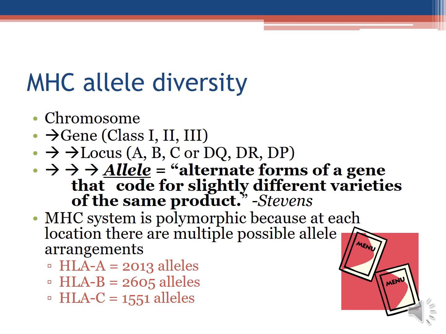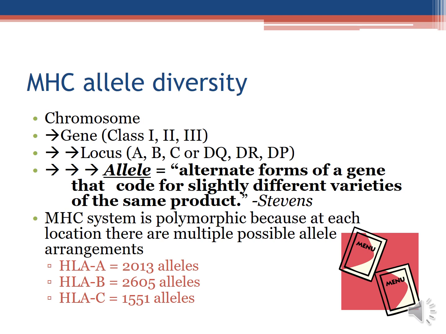So we could take a look at Class I HLAs, and we have HLA A, B, and C. As of today, we have 2,013 different alleles for HLA-A. For B, we have over 2,600 different alleles.